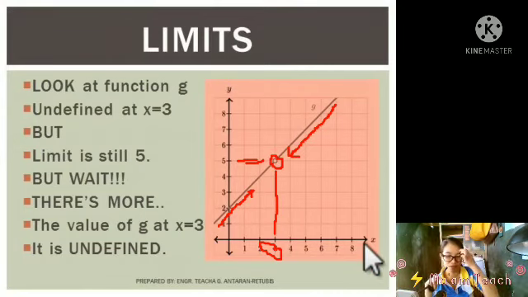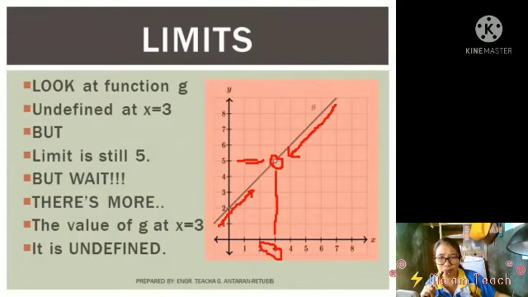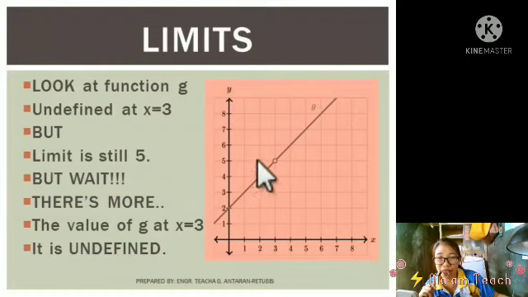Now, what can you recall? Can you recall our topic in intervals, where we used the hollow hole and the filled hole? Can you still remember that? The filled hole represents that it is included, but if it is hollow, an open hole, it means it is not included. In this case, our value at x equals 3 is hollow.